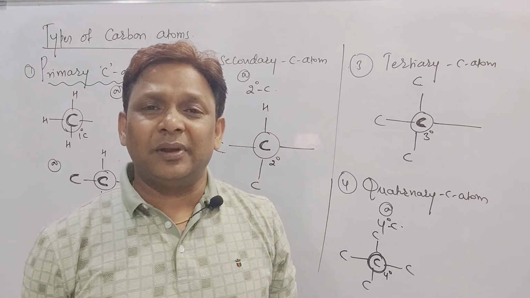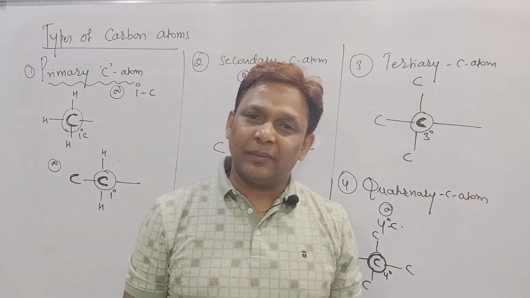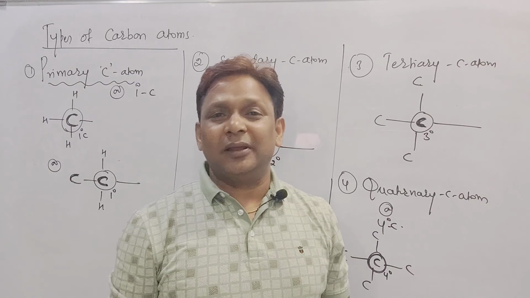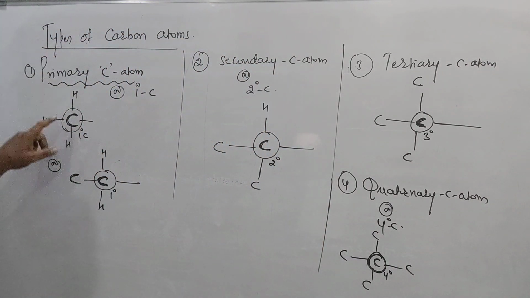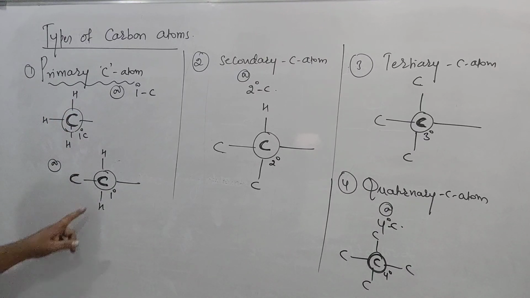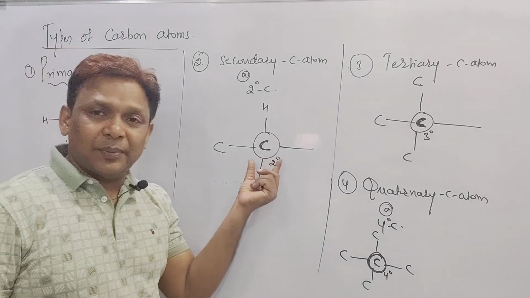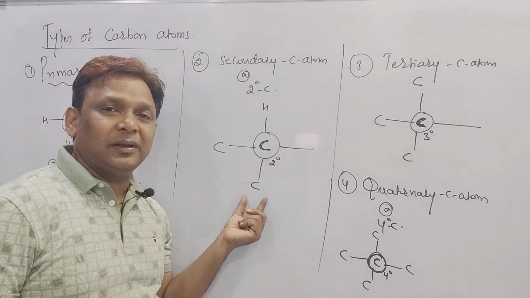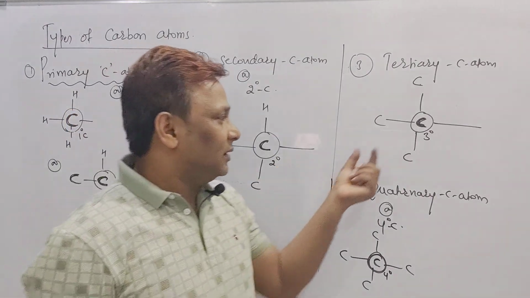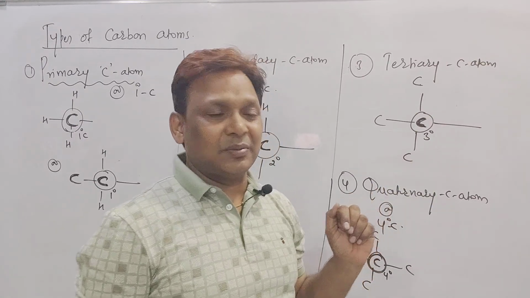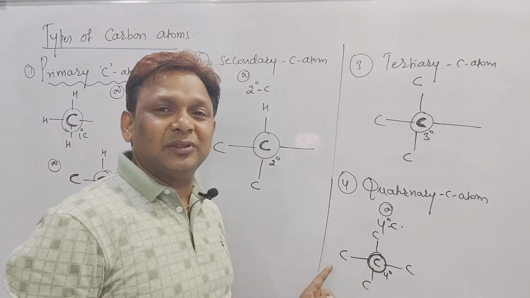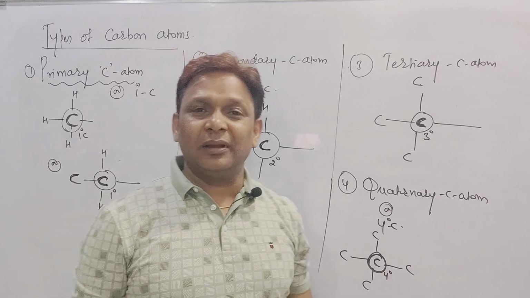How many types of carbon atoms are there? 4 types: primary carbon, secondary carbon, tertiary carbon, and quaternary carbon. A carbon atom attached with no other carbon or with one carbon is called a primary carbon. A carbon atom attached with 2 carbons is called a secondary carbon, with 3 carbons a tertiary carbon, and with 4 carbons a quaternary carbon.